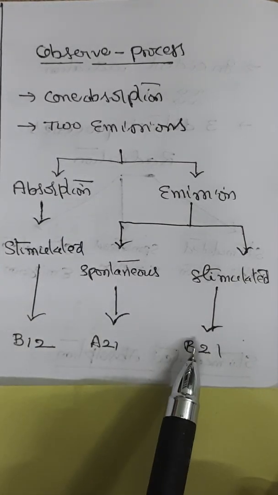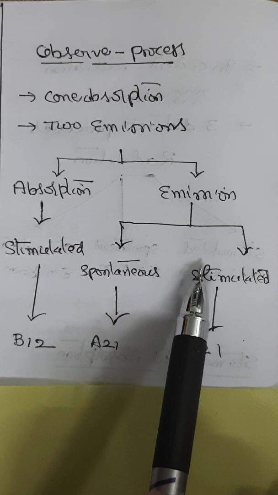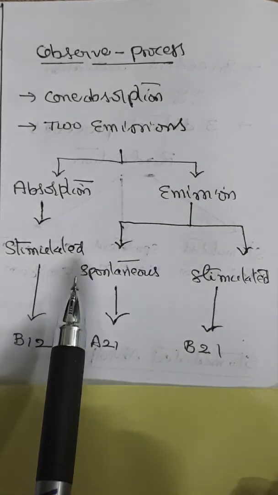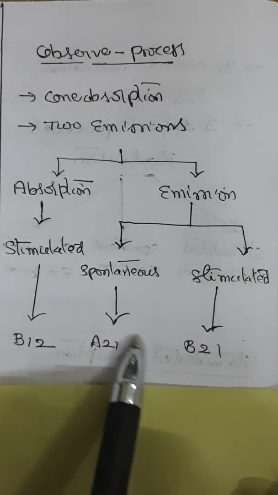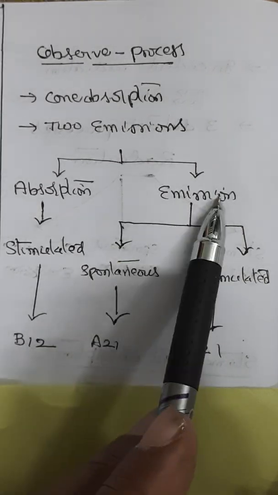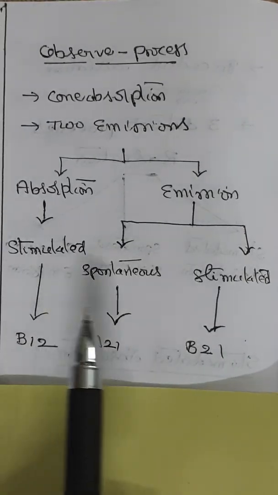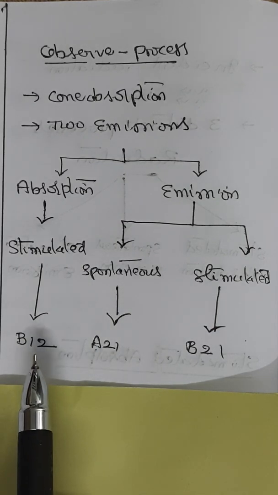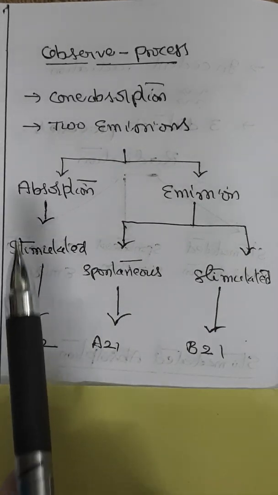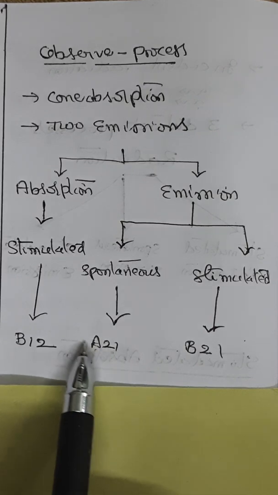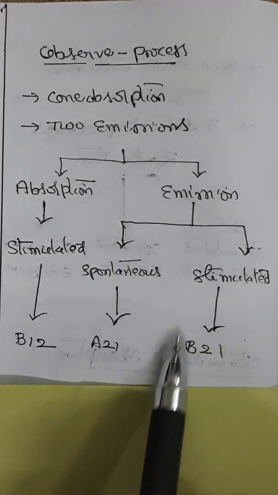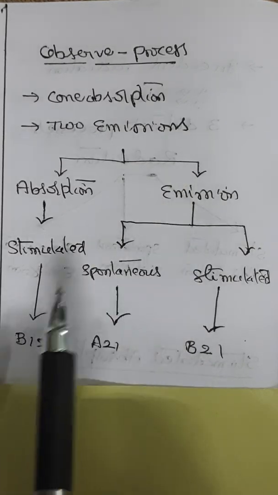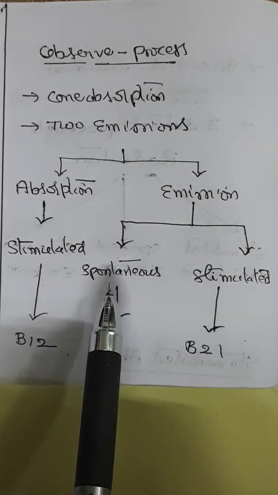B21 represents the Einstein coefficient of stimulated emission. Whereas A21 is the Einstein coefficient of spontaneous emission. So three coefficients are there: Einstein coefficient of stimulated absorption, Einstein coefficient of spontaneous emission, and Einstein coefficient of stimulated emission. This is what you need to understand.